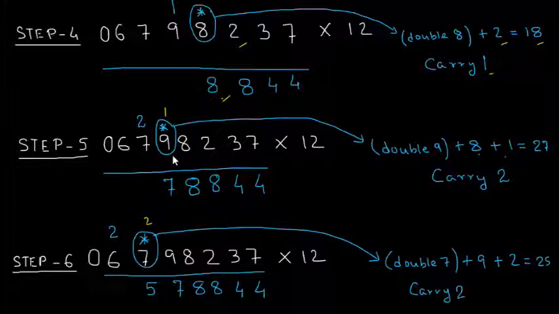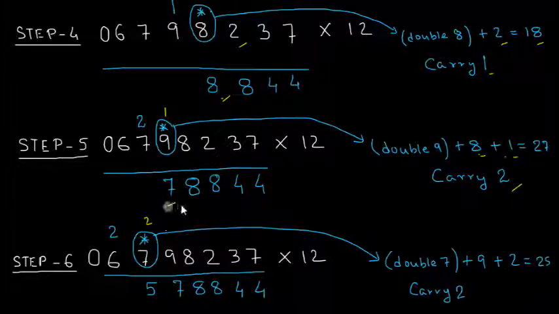And the next number is 9. We'll double 9 plus its right neighbor 8 plus carry 1. Double of 9 is 18 plus 8 plus 1 is 27. We'll carry 2 and put 7 below.